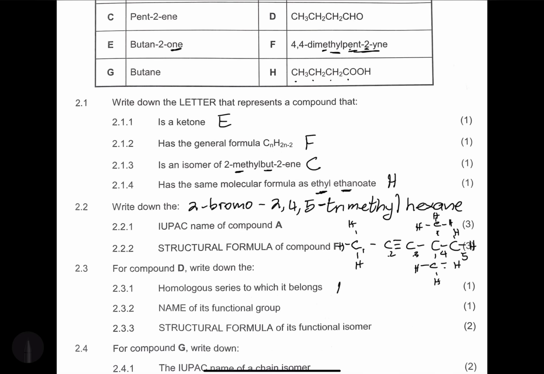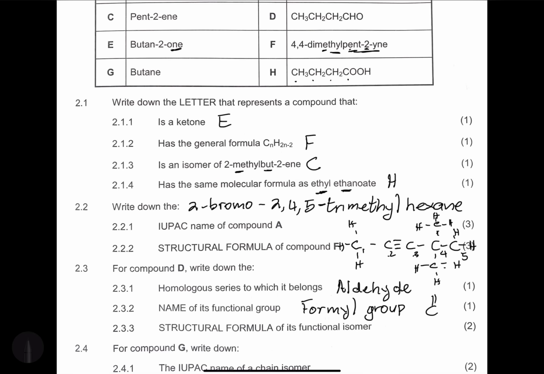It belongs to the series called aldehydes. And then they ask for the name of its functional group. Please remember that the name of the functional group of aldehydes is simply called the formyl group.